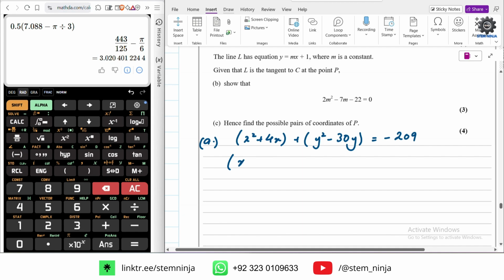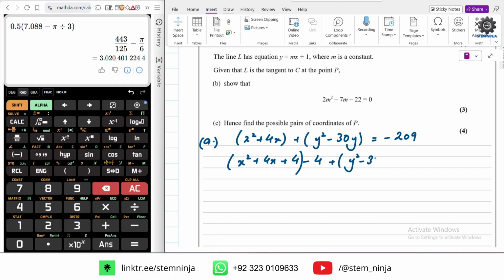So x squared plus 4x plus 4: 4 divided by 2 is 2, 2 squared is 4, minus 4, plus y squared minus 30y. 30 divided by 2 is 15, 15 squared is 225, minus 225, equals minus 209.